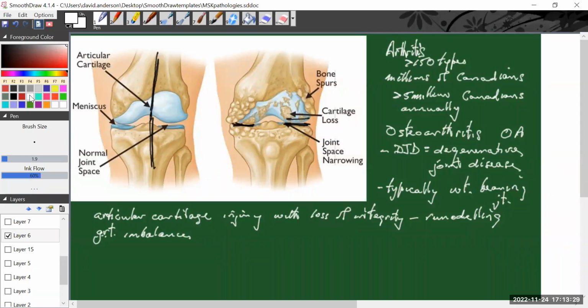So we're talking about this imbalance that forces adjacent, nearby joints to compensate, because that joint isn't working properly anymore. If that's your right knee, that's going to put more force on the left knee.